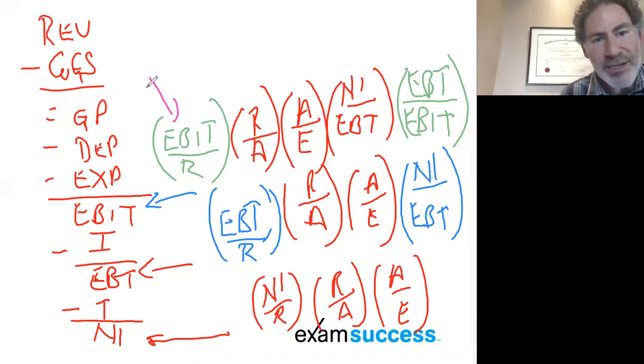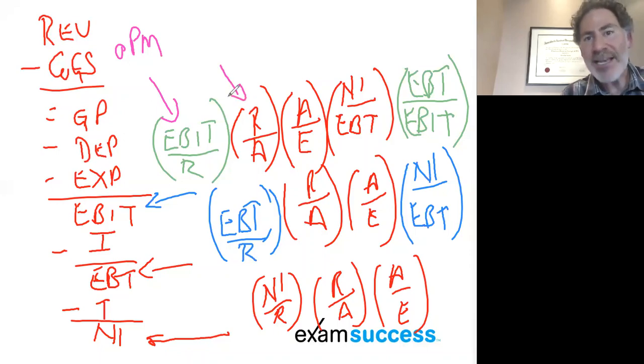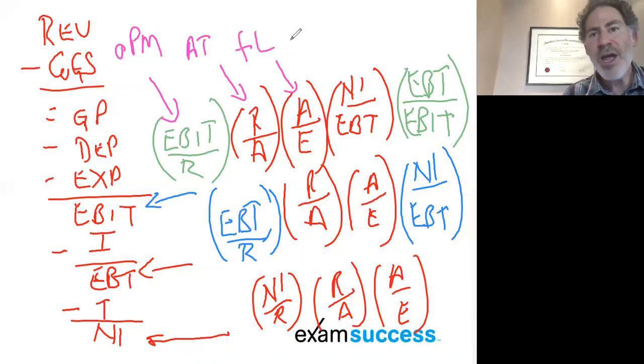This here is my op margin, OPM, operating profit margin. We know what the sales or the revenue over the assets is. This is the asset turnover, AT. The assets over equity, we know exactly what that is, financial leverage. The net income over the earnings before tax, this is the tax burden, TB.